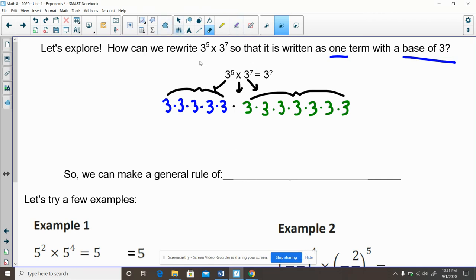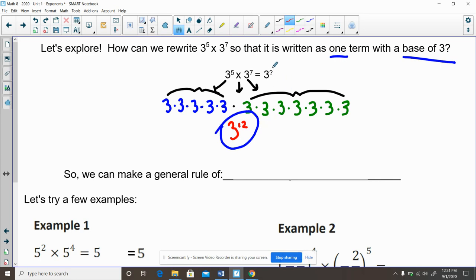Well, if you said 3 to the 12th power, you'd be correct. Think about it. That's how many 3's there are. So 3 to the 12th power would be our final answer.